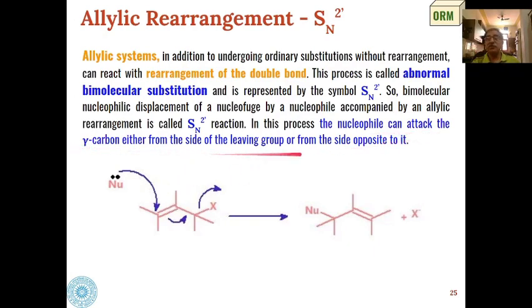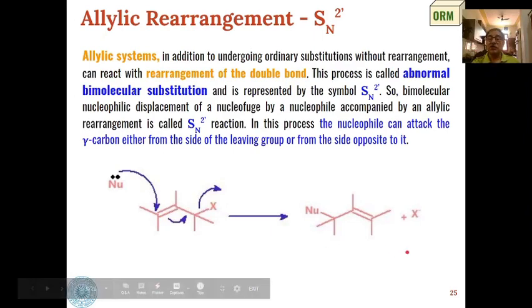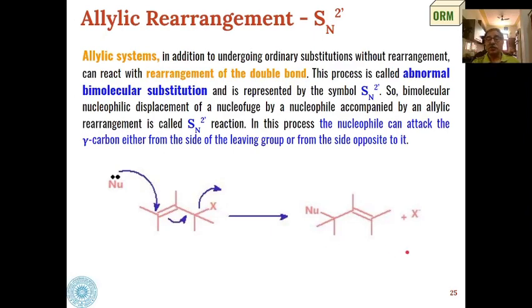So this is the leaving group. This carbon is alpha, this carbon is beta, this carbon is gamma. If nucleophile gets attached to this carbon, we call it SN2 dash type of reaction, or allylic rearrangement bimolecular. So these types of reaction, they also take place in SN2 type of reactions. And then some more examples of SN2 type.